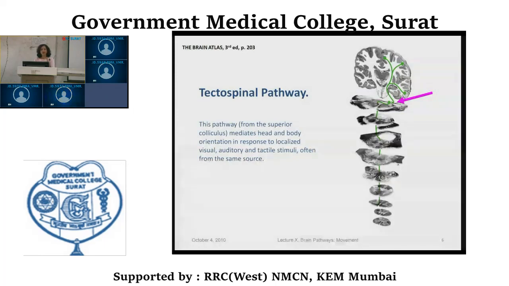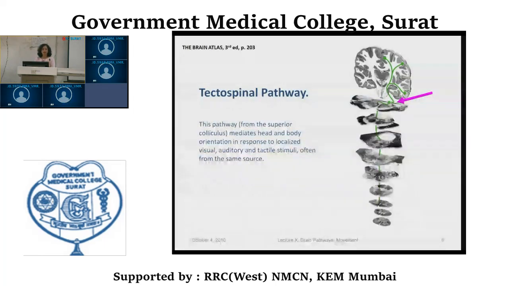The fibers arise from the superior colliculus and terminate in the cervical region of the spinal cord. These fibers run in the medial funiculus and, via interneurons, synapse with the alpha motor neurons.